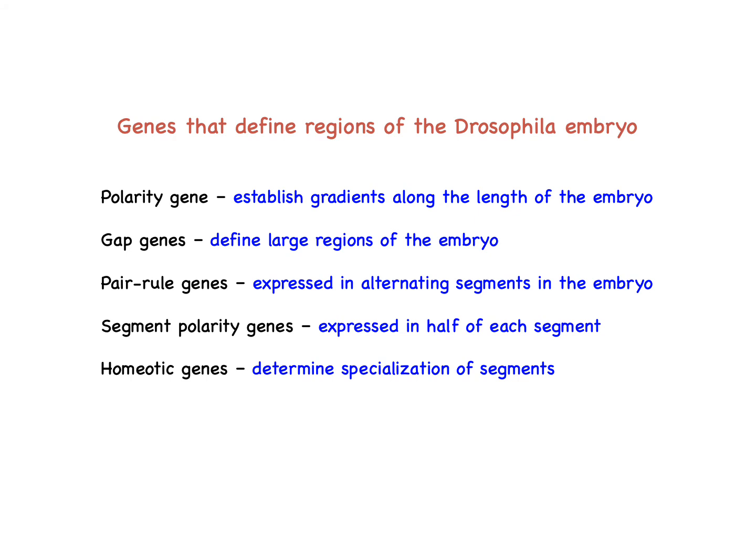And this is a list of them, starting at the top with what are called polarity genes. And these establish gradients along the length of the embryo. Now this is the one area that's likely different in Drosophila compared to mammals.